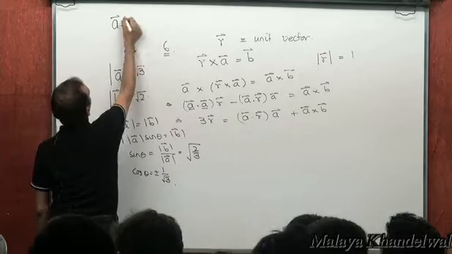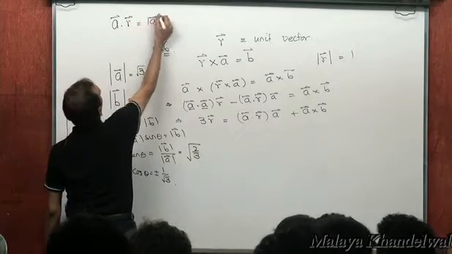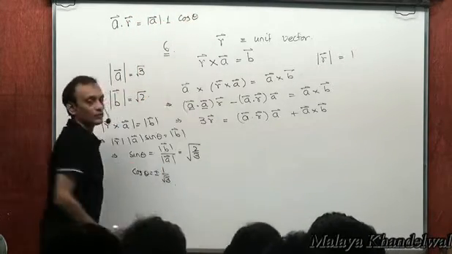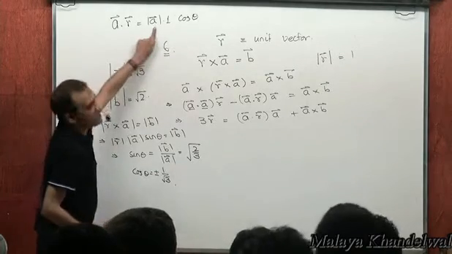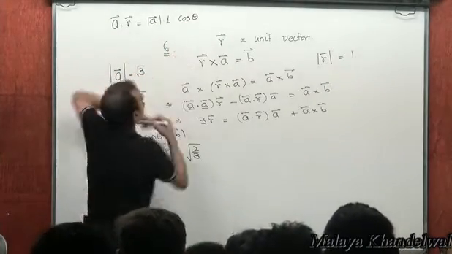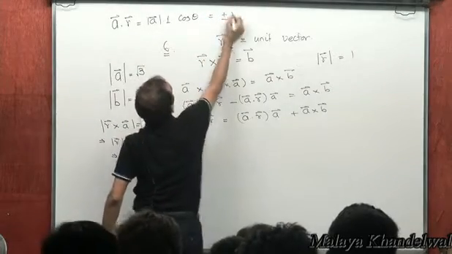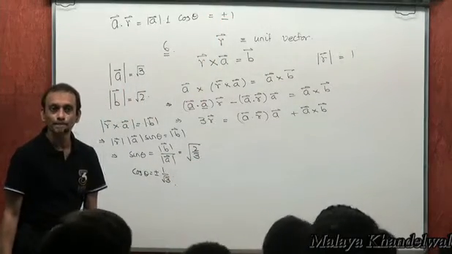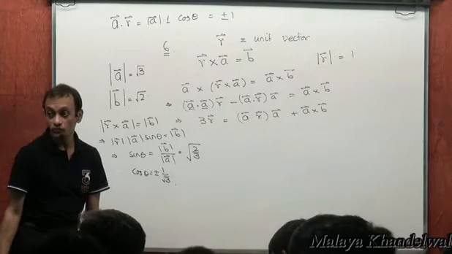A dot R is going to be mod A into mod R, which is 1, into cos theta. Mod A is root 3 and cos theta is plus minus 1 by root 3. So A dot R could be plus 1 or minus 1, right?